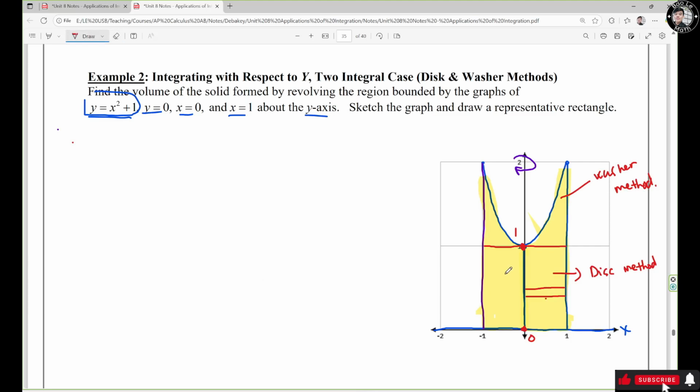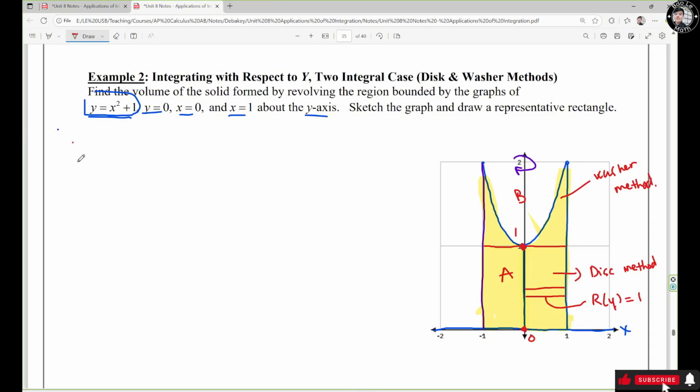Now I call these regions A, I call these regions B, right? So from 0 to 1, I have the radius right here. The radius in terms of y is actually 1, because the right one right here subtract the left one, which is 0 right here. 1 subtract 0 equals 1.